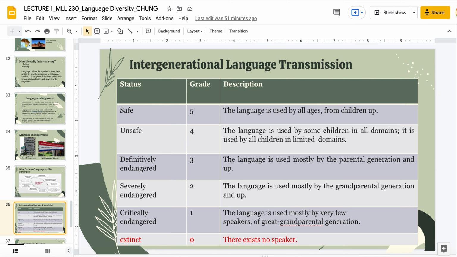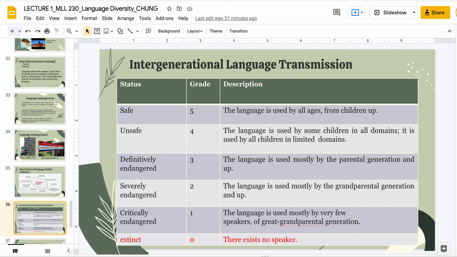There's also intergenerational language transmission, and it exists on a gradient from safe to extinct. So we know a language is safe if it's used by children. And it starts to get a little bit more unsafe when the children only use it at home.